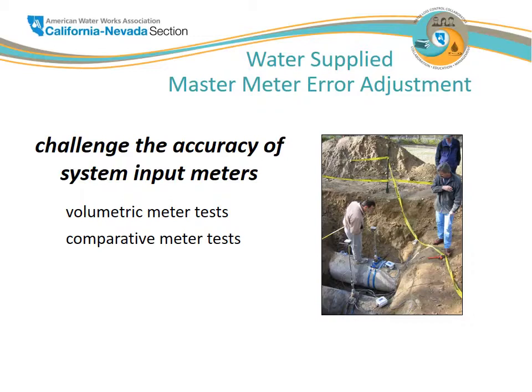That's really critical, and electronic calibration is an important element of meter maintenance and getting good data. But it doesn't necessarily give us an understanding of how the measuring mechanism is doing, and that's what we're trying to achieve with these volumetric meter tests and the comparative tests.